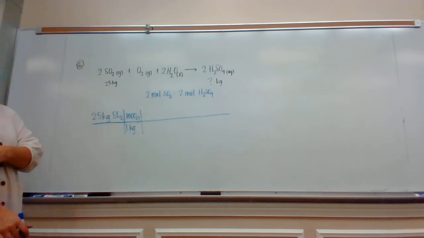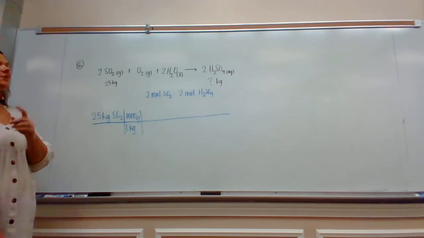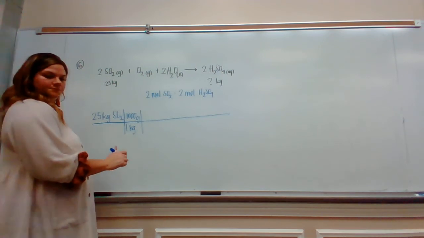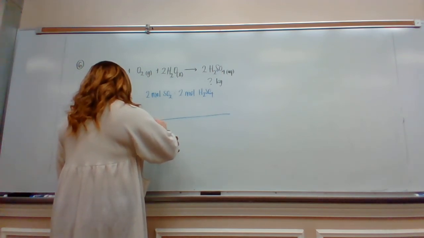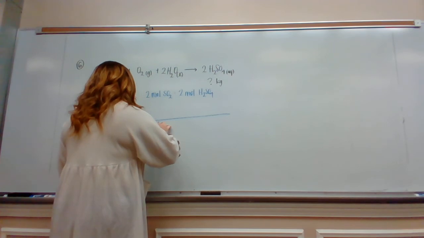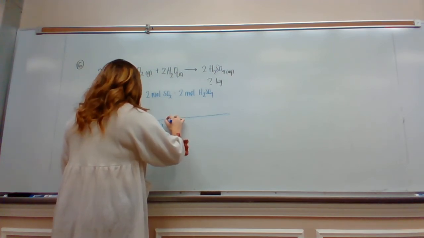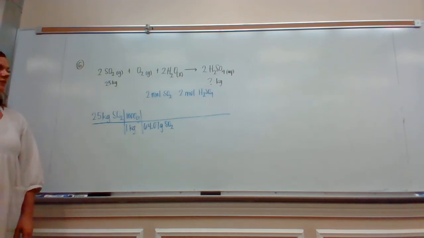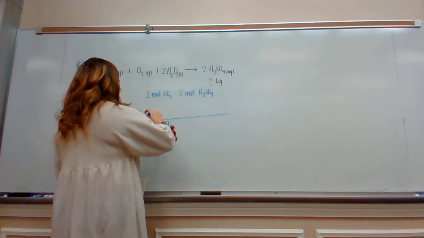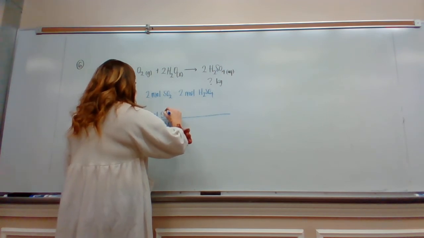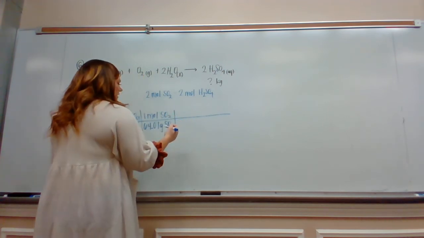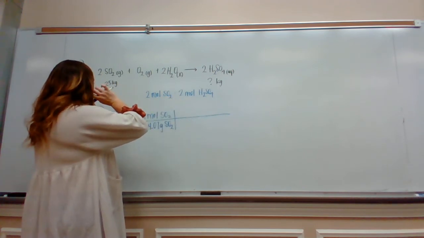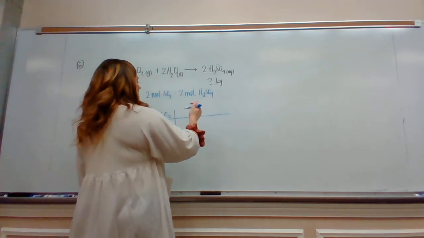Then I'm going to get my molar mass of SO2 in grams, which is 64.07 grams per 1 mole SO2. We can reduce this mole-to-mole ratio down, correct? To 1 to 1.